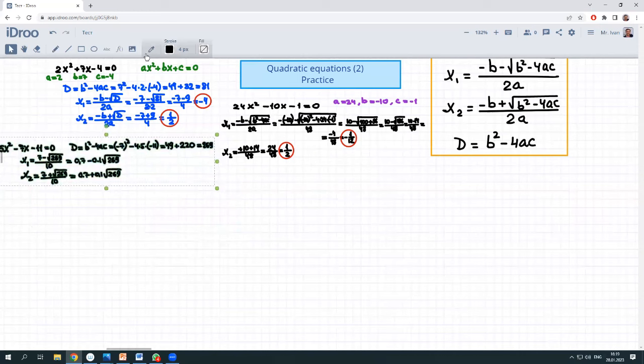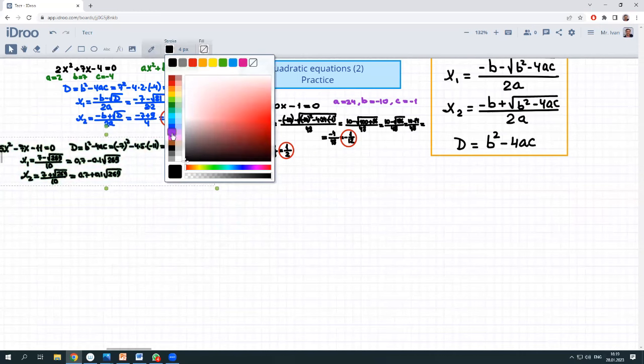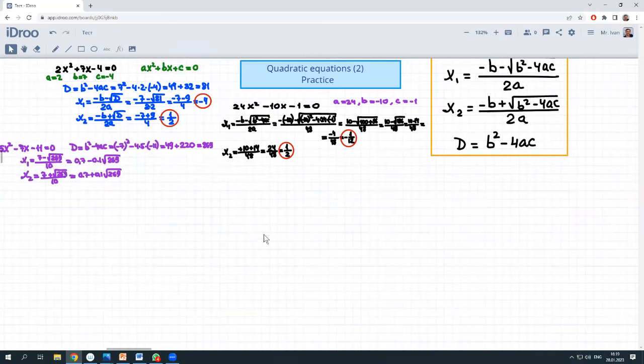So quite many we have done already. And probably let us take one more example. 7x squared plus 2x plus 5 equals 0. Let's see what would happen here.